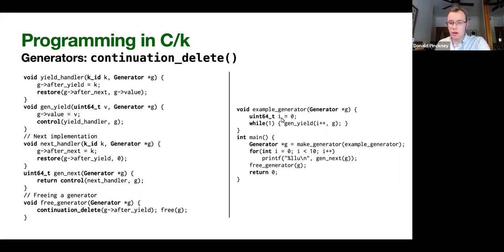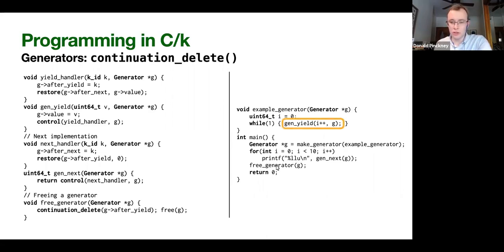This example generator function just does an infinite loop, and it does the generator yield each time. So it's going to yield the values 0, 1, 2, 3, 4, 5, and so on. Then in the main function, we loop just 10 times, and we grab the next thing from the generator and print it out. And then at the end, we free the generator.